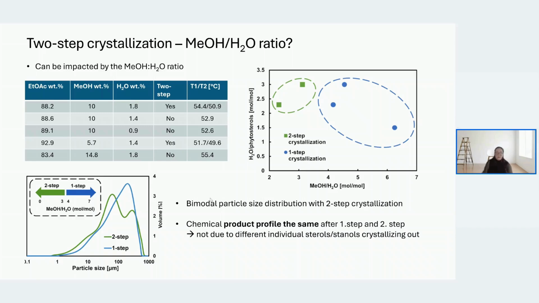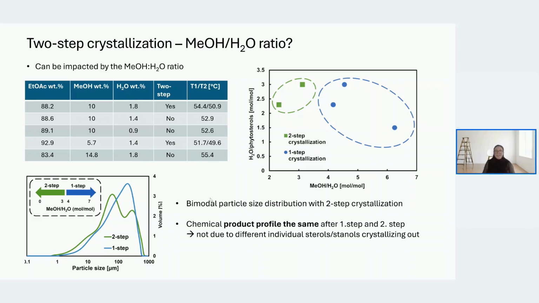So what does it have to do with the final product? We found that in the final product we have a bimodal particle size distribution if the crystallization goes through the two-step crystallization. On the other hand, if we only have one-step crystallization, then we have a unimodal particle size distribution.